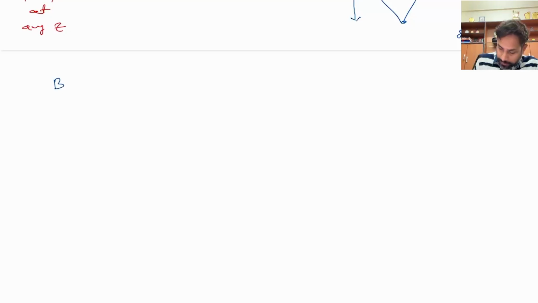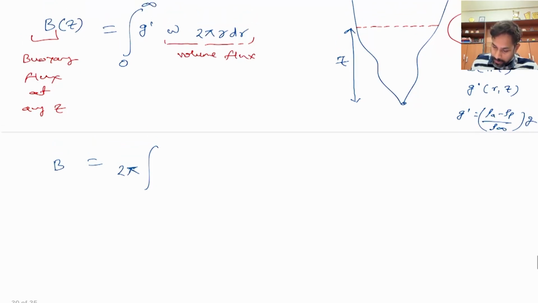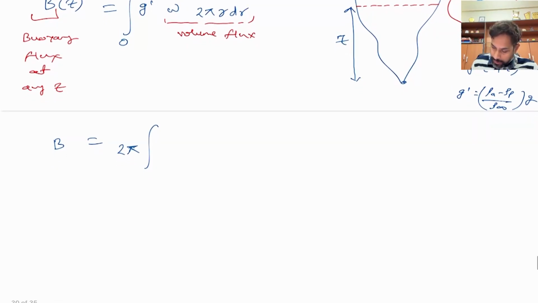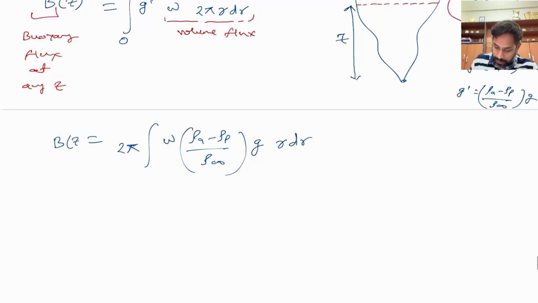Now we define g prime. We can take 2 pi outside, w remains there, and g prime becomes rho a minus rho p divided by rho infinity times g, r dr. So this is B at any location z.